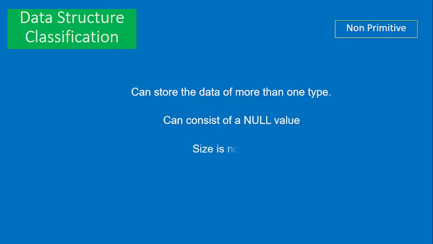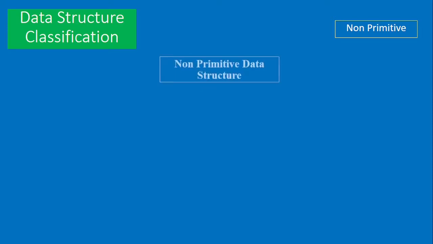So what is non-primitive? Non-primitive is a little more complex than primitive, and it can store data of more than one type and can consist of null values. The size of non-primitive is not fixed. Non-primitive data types can also be divided into two types, linear and non-linear.